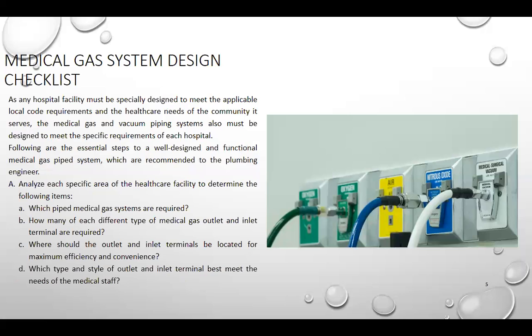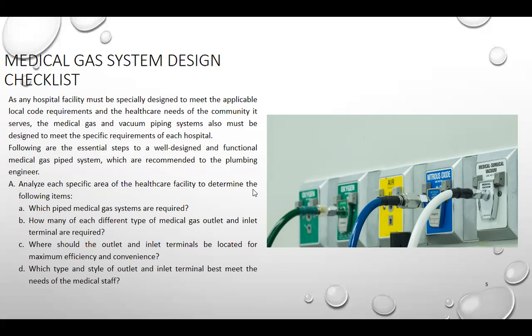So, medical gas design checklist. As in any hospital facility, must be specially designed to meet the applicable local code requirements and the healthcare need of the community it serves. So the medical gas and vacuum piping system almost must be designed to meet the specific need of each hospital.